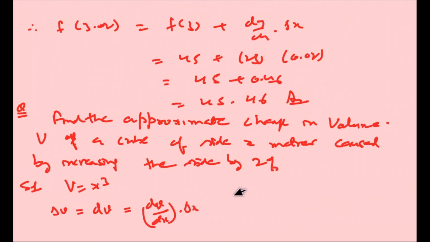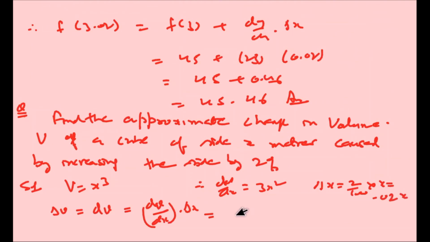Now here dV by dx equals 3x square, and delta x is equal to 2% of the side, so 2% of side is equal to 0.02x.